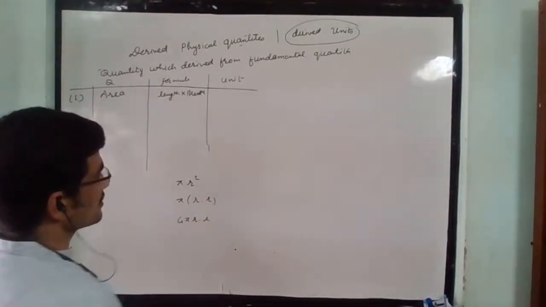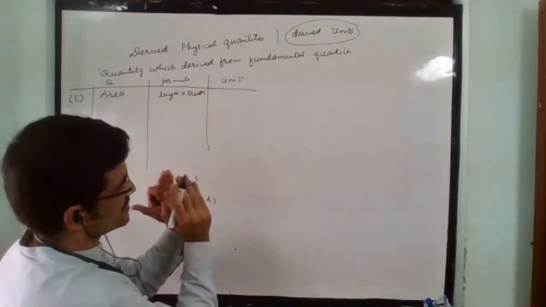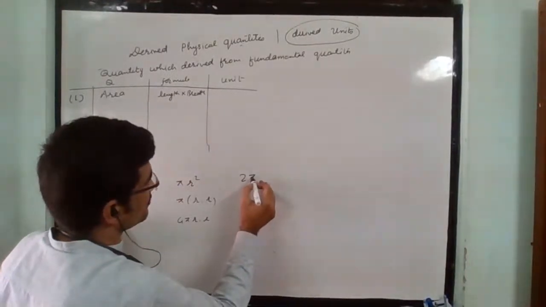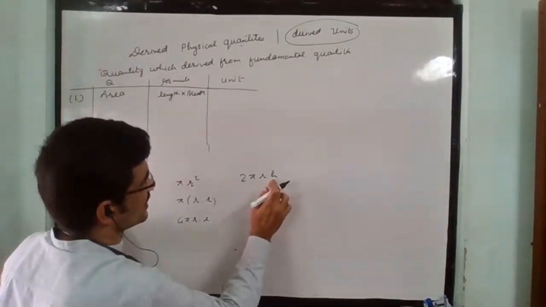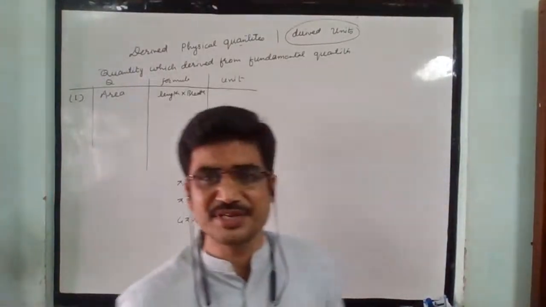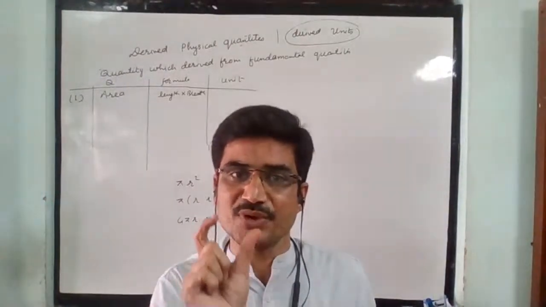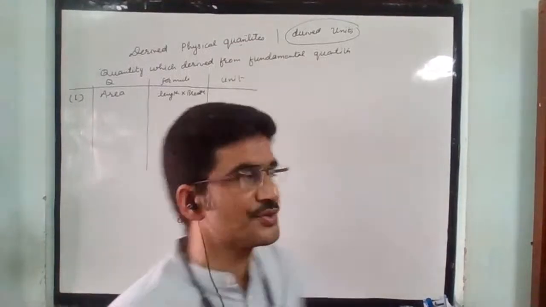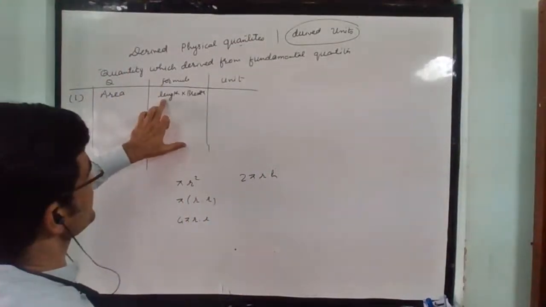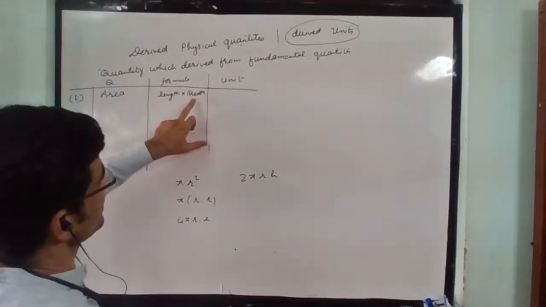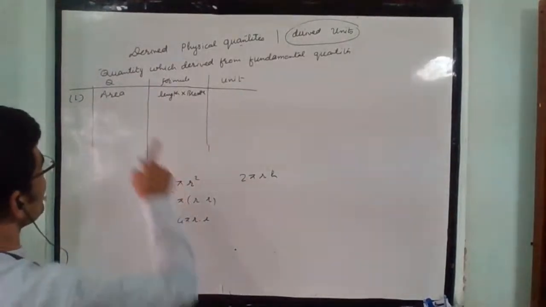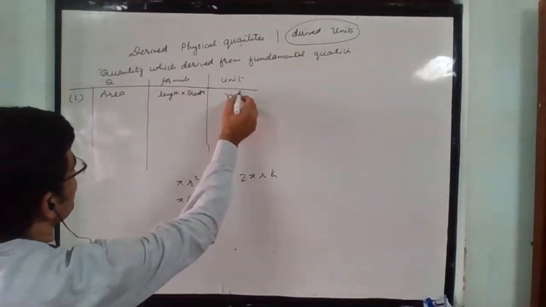The curved surface of a cylinder is 2 pi r h, r into h. Whenever you use a product of two lengths, the fundamental unit of length is meter, so the unit of area will be meter square.